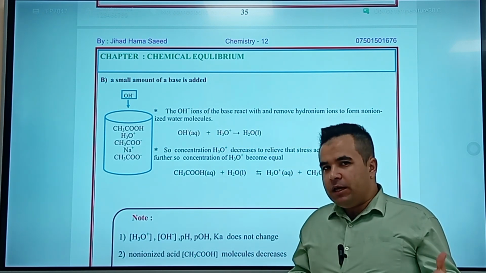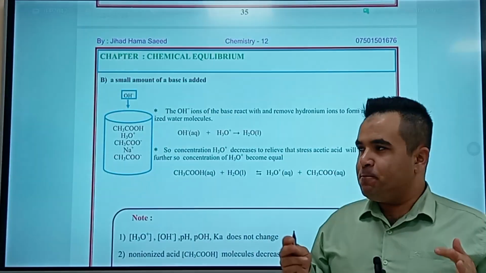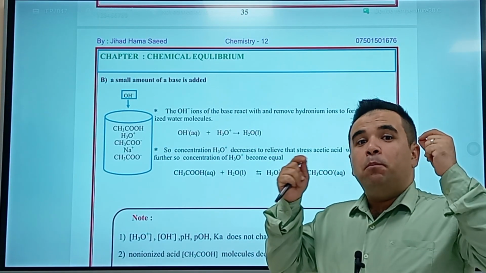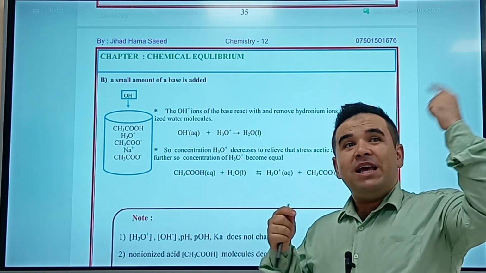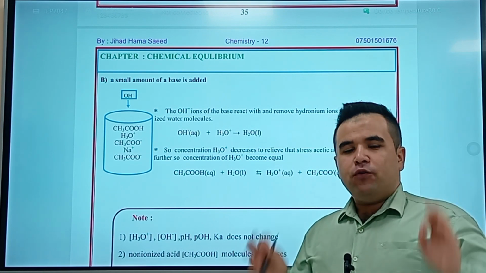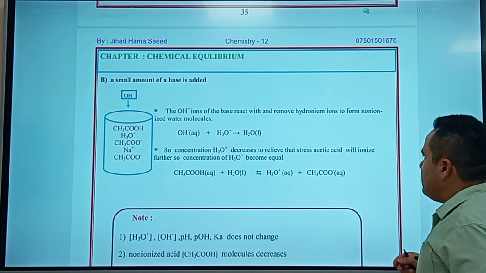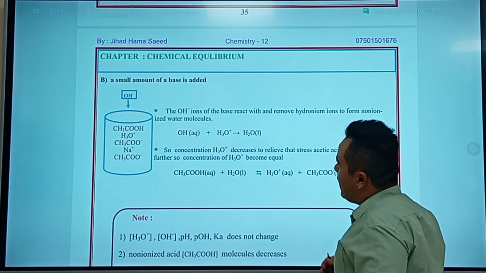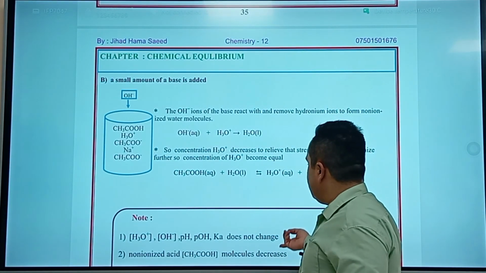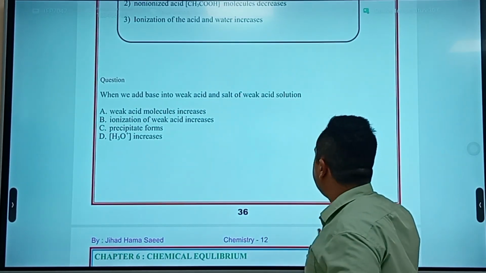There will not be a change in the value of pH, pOH, hydronium, and hydroxide, or Ka and Kb. But as a base is added to the acidic buffer, the favored direction shifts toward the product side, ionization of the weak acid increases, and non-ionized acid concentration decreases.